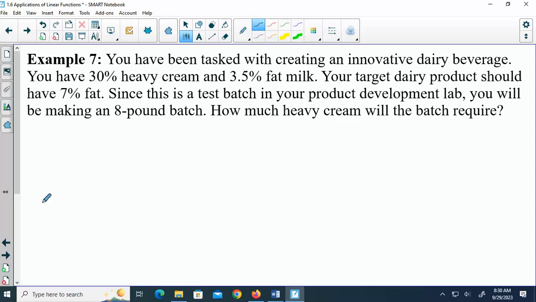You have been tasked with creating an innovative dairy beverage. You have 30% heavy cream and 3.5% fat milk. Your target dairy product should have 7% fat. Since this is a test batch in your product development lab, you will be making an 8-pound batch. How much heavy cream will the batch require?